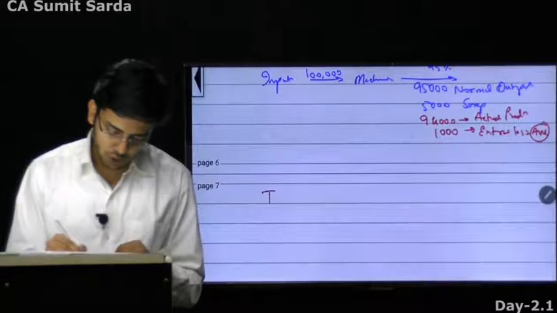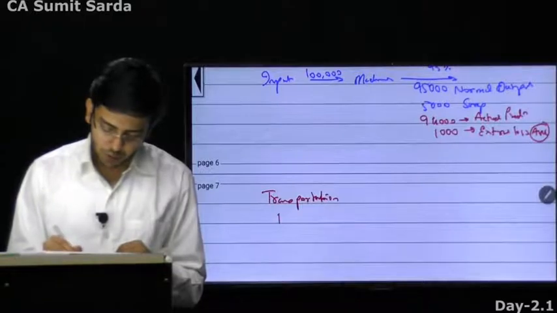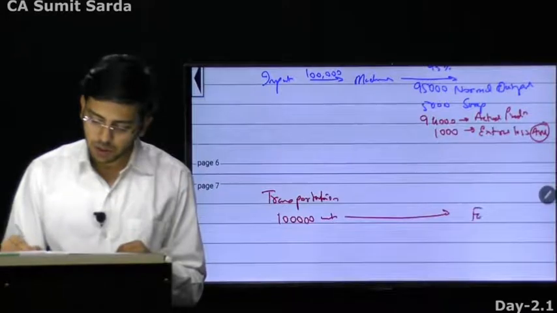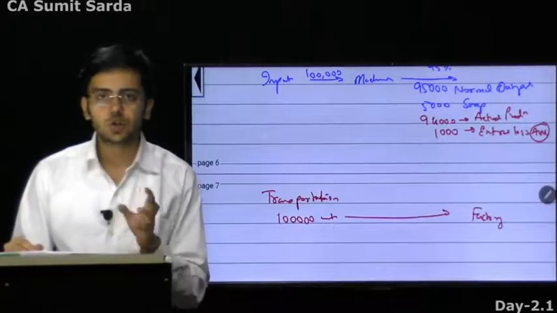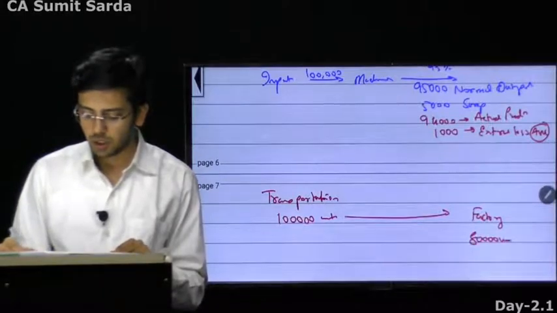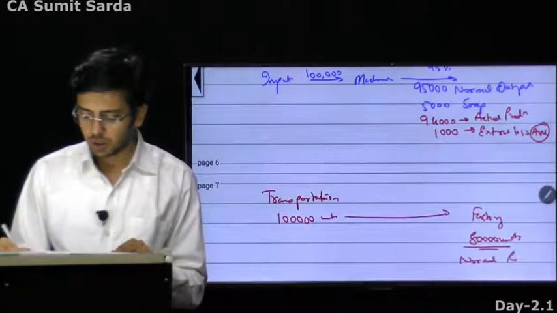Suppose, let's talk about transportation. We purchase some inventory. Now we have purchased 1 lakh units, but by the time it reaches the factory, some units are destroyed in the process of transportation and we actually receive only 80,000 units. So 80,000 units are considered to be the normal receipt.